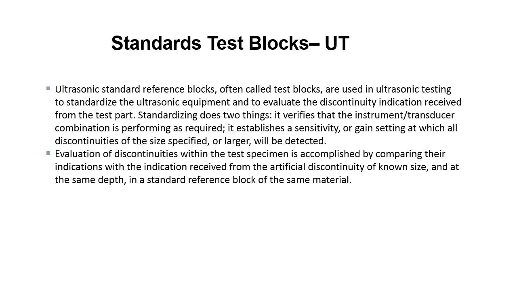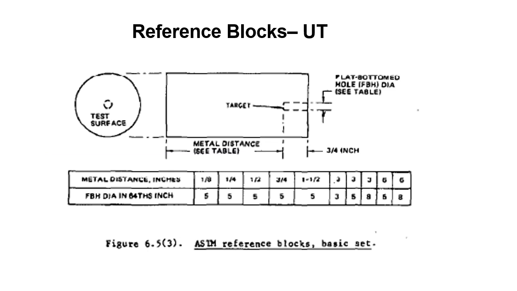It establishes a sensitivity or gain setting at which all discontinuities of the size specified or larger will be detected. Evaluation of discontinuities within the test specimen is accomplished by comparing their indications with the indication received from the artificial discontinuity of known size, and at the same depth in a standard reference block of the same material.